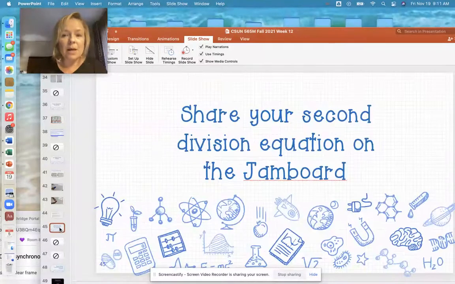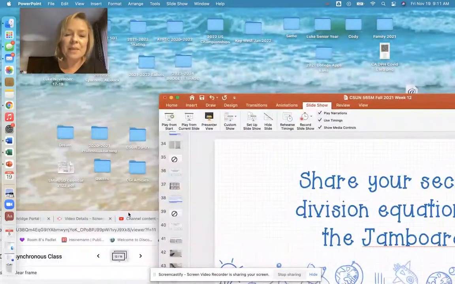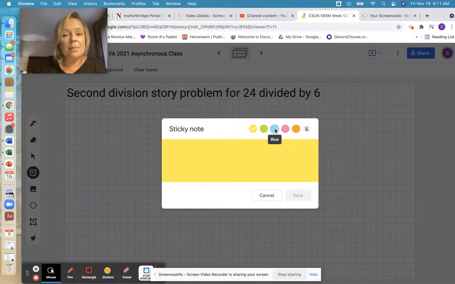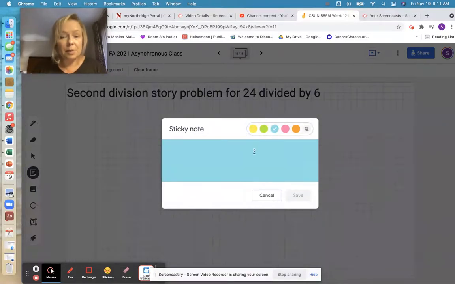Great. Now, lastly, what I thought would be nice for us to do is to take a look at the problems that you've written and create, if you did it on a Post-it, make the partitive division problems blue. So just change your Post-it color, partitive division.